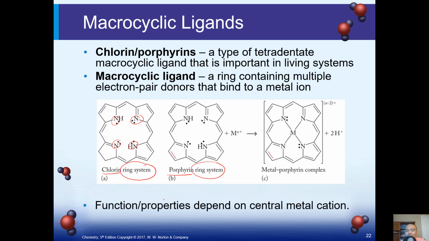When a metal ion forms a complex ion with them, the metal ion actually sits right in the middle. Chlorins and porphyrins are common in many biological systems. The chemical and physical properties and functions of the metal complexes depend on the identity and the charge of the central metal ion, as well as the other functional groups that might be attached to the macrocycles. Macrocycle means a big ring.